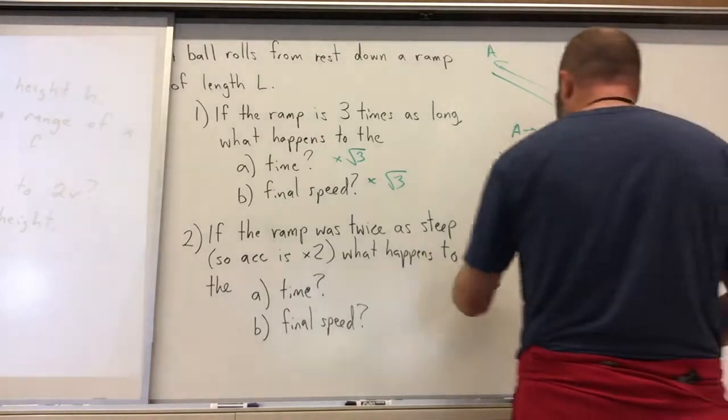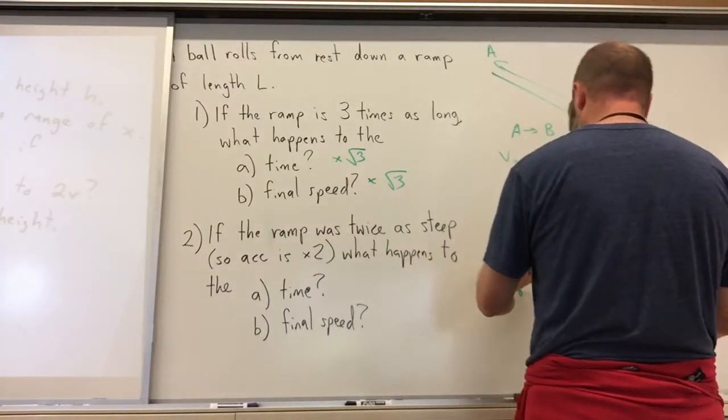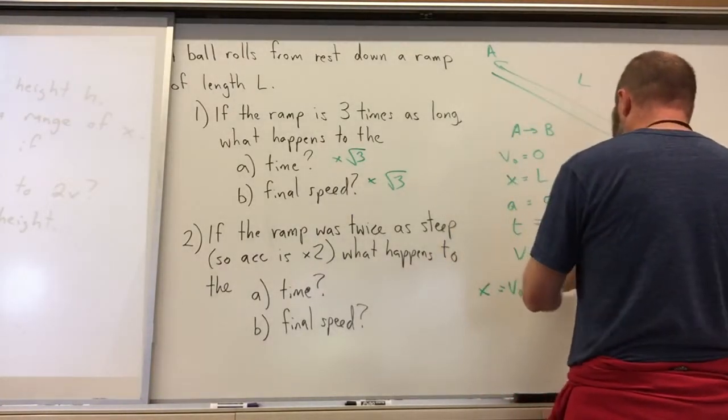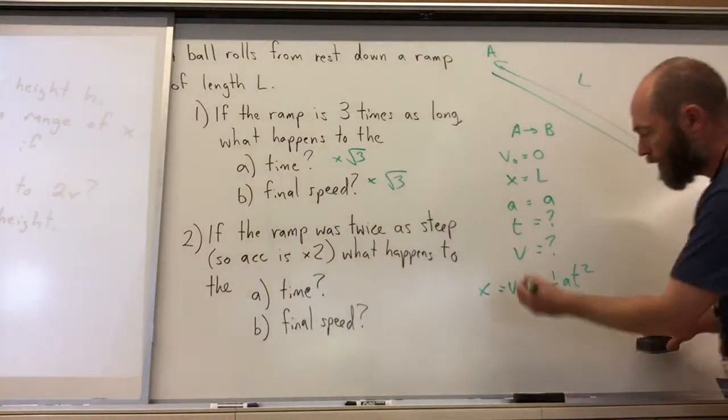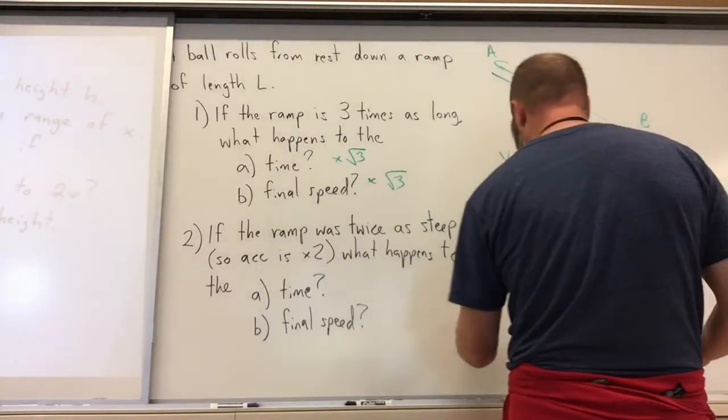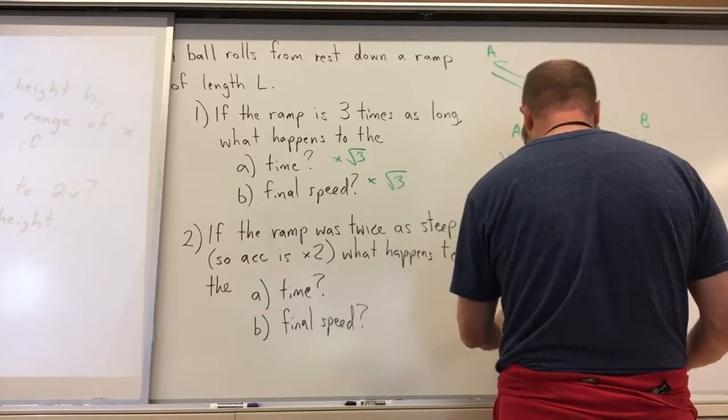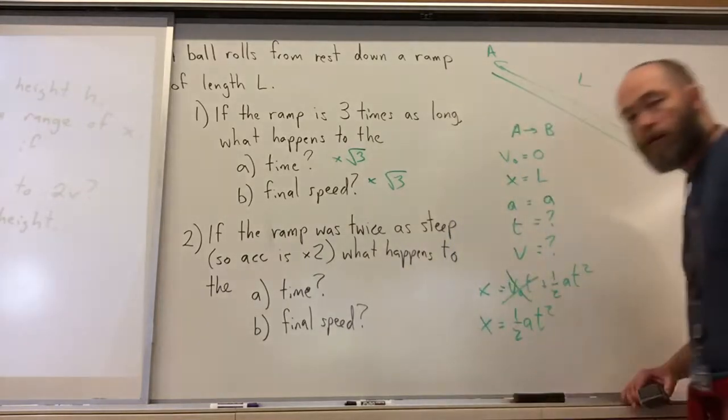I sure do: x equals v0 t plus 1/2 a t squared. That goes away, so x equals 1/2 a t squared.